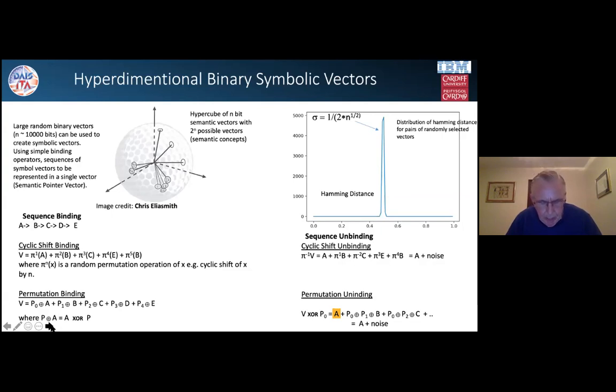Now, hyperdimensional binary vectors, by which for the rest of the talk I'm going to mean 10 kilobit binary vectors, have some very useful properties when it comes to describing workflows. If we can describe a service with a single binary vector, then the size of the hyperdimensional vector space means that two services that are not similar will be well separated in the resulting vector space. And additionally, workflows are essentially sequences of service calls.